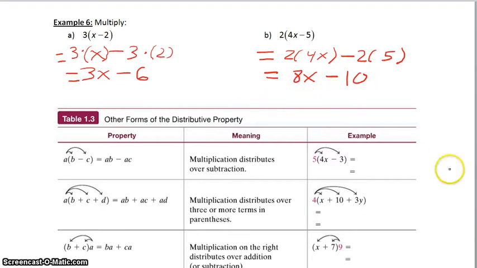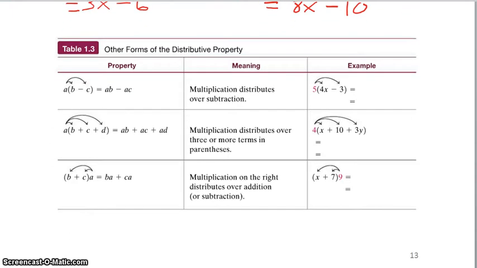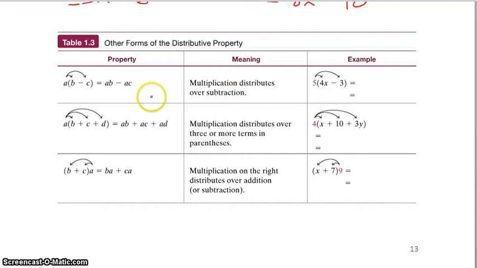Now we come down here to table 1.3, which has some more examples for us. Okay, it says here the property. We know that this is the distributive property, and it says multiplication distributes over subtraction, which we did in the previous problem.